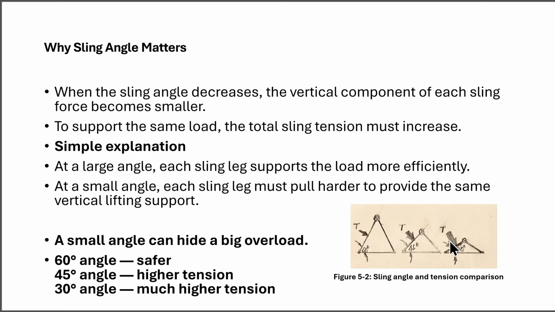The carrier or hoist lifts upward, but the sling force acts along the sling direction. With the sling more horizontal, at 60 degrees, 45 degrees, 30 degrees, less of the sling force is used for lifting.